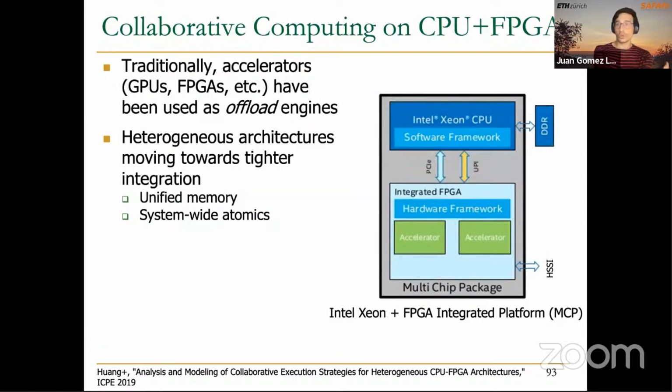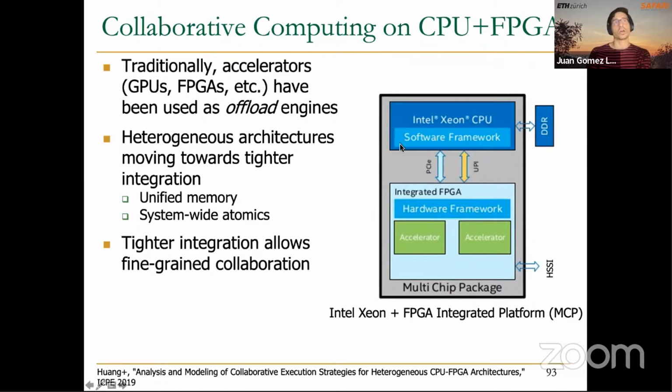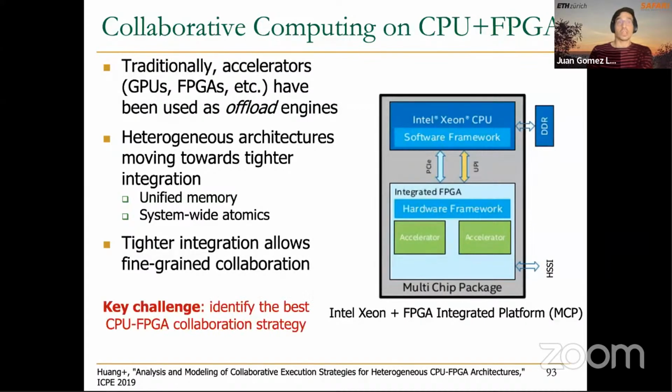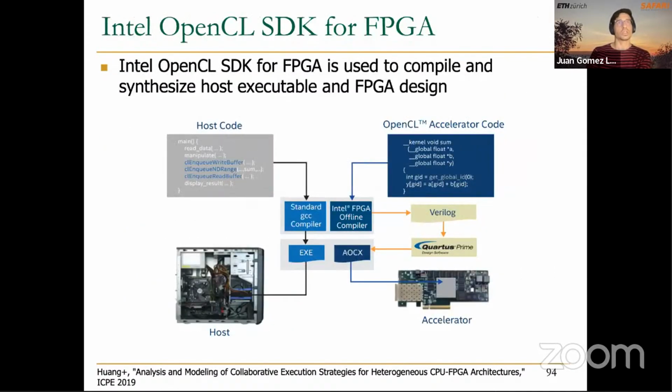And that's not only for CAPI and OpenCAPI from IBM, also Intel systems with FPGAs provide similar features that allow a coherent view of the memory between the host CPU and the integrated FPGA. The key challenge is still to identify what's the best collaboration strategy, and that's one of the things that we did in this paper of ours that we presented in ICPP 2019.